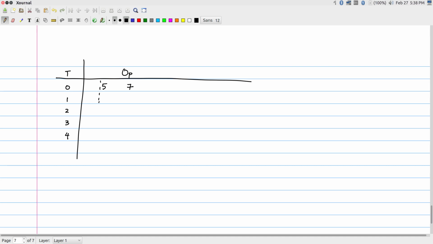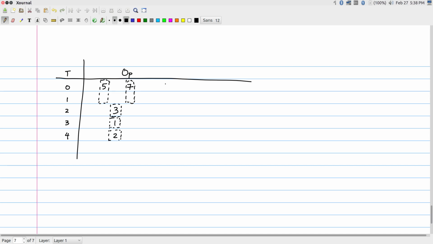They would then essentially run for this long, 2 clock cycles. The output of that would be used by 3. The output of that would be used by 1. And the output of that would be used by 2.